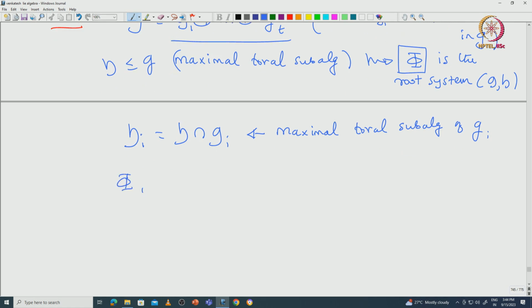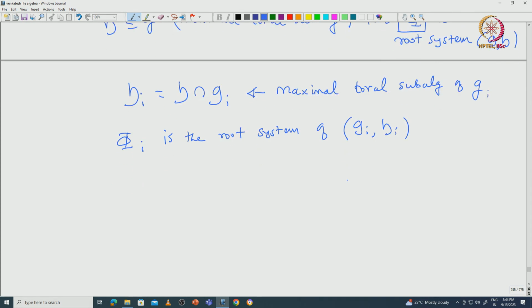Let us call phi i the root system of this pair Gi and Hi. Then one can naturally identify phi i inside phi.